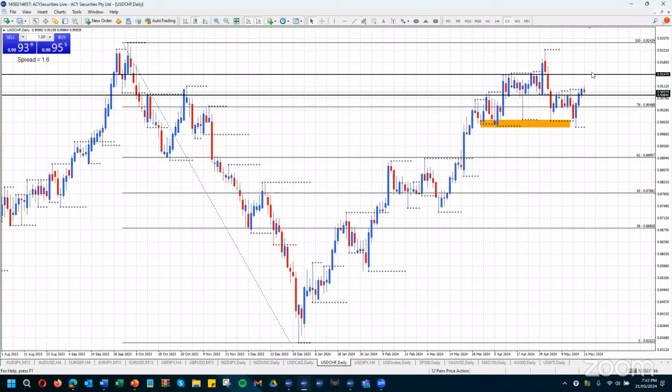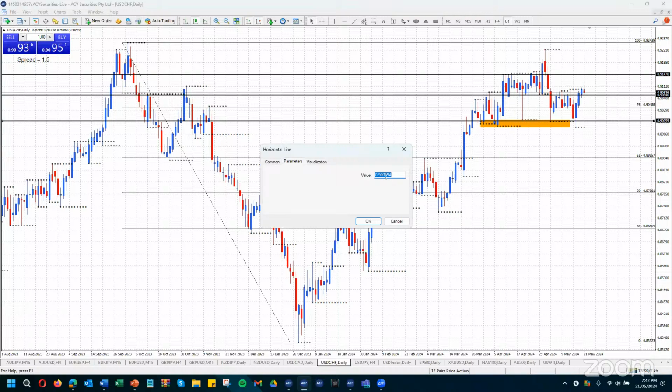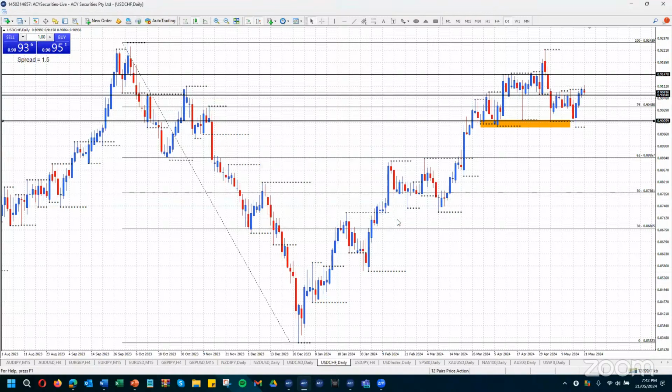If it came back up to 91.47, this could be a good area to sell because that's where it's been holding. And if it came back down to pretty much the 90 level, that's 90.06, that low here, that's where the buyers are. So it's quite range bound.